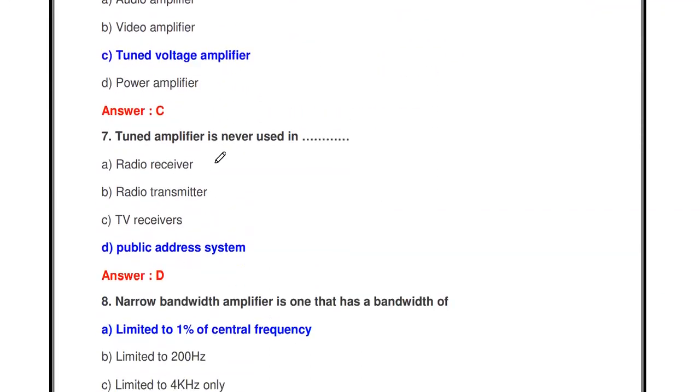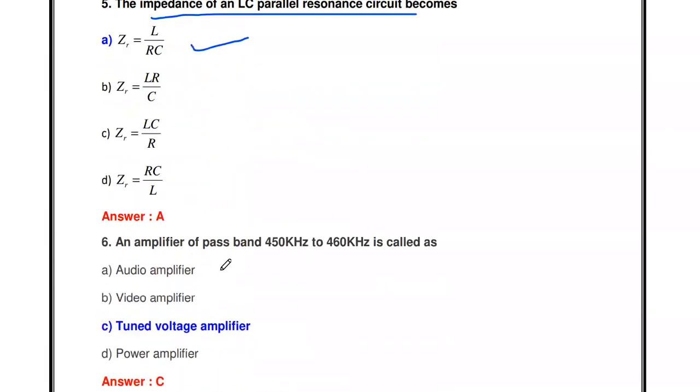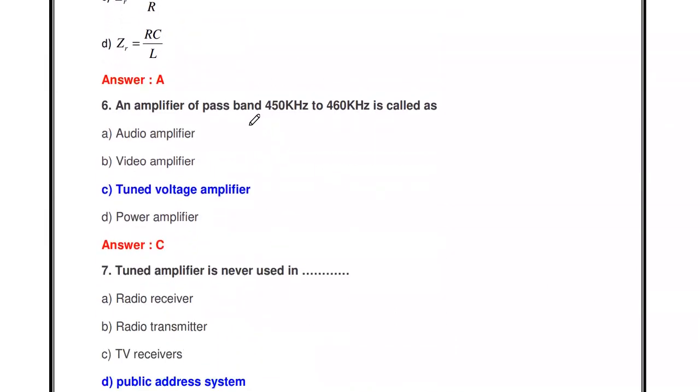Then the next question: an amplifier of pass band 450 kilohertz to 460 kilohertz is called dash. You see, the pass band means the range of frequency which the amplifier will amplify: 450 kilohertz to 460 kilohertz. So the bandwidth is 460 minus 450, 10 kilohertz.